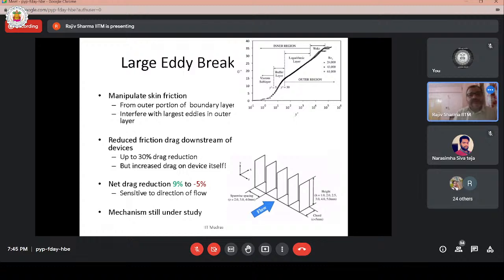And that's something which can break eddies in the outer portion of the boundary layer. But it will also add to the exposed surface area. And the more surface area you have, the more drag you have.